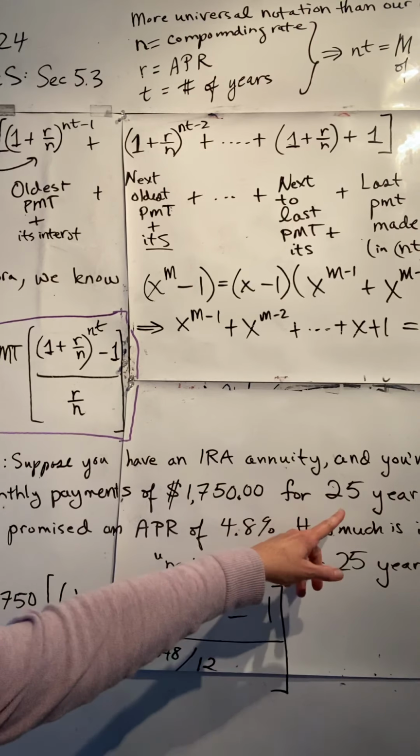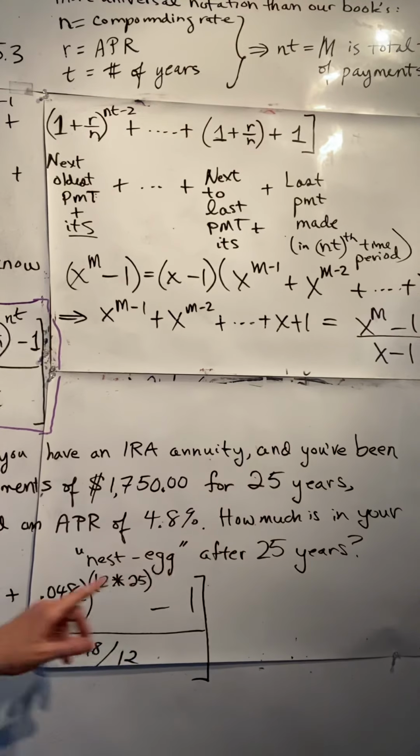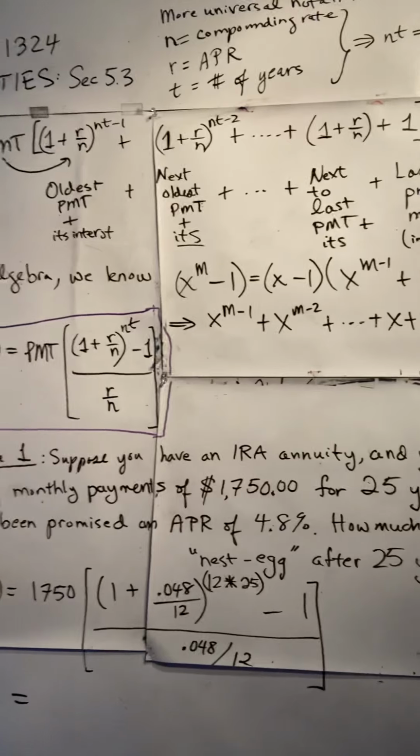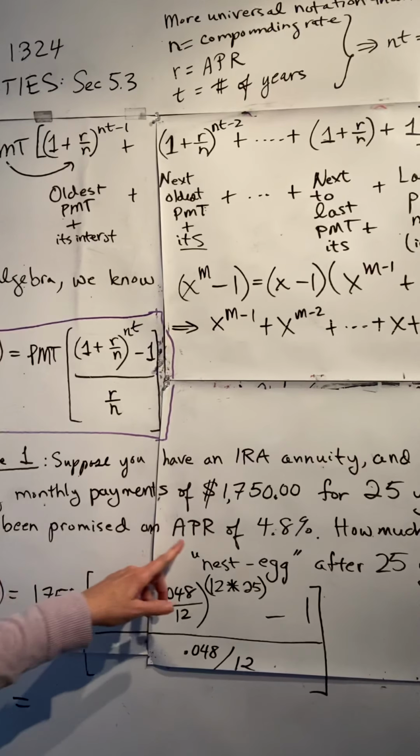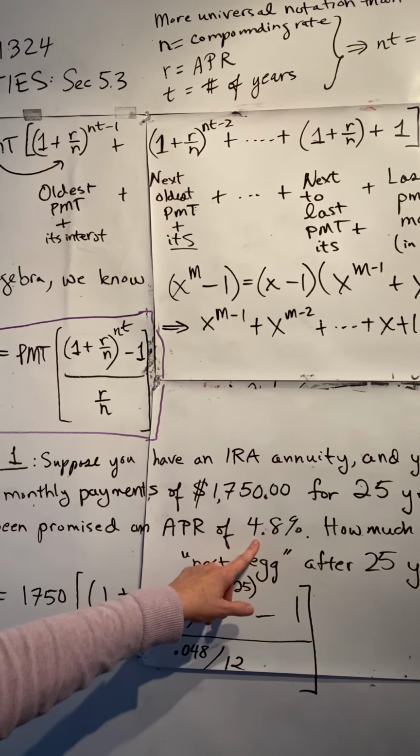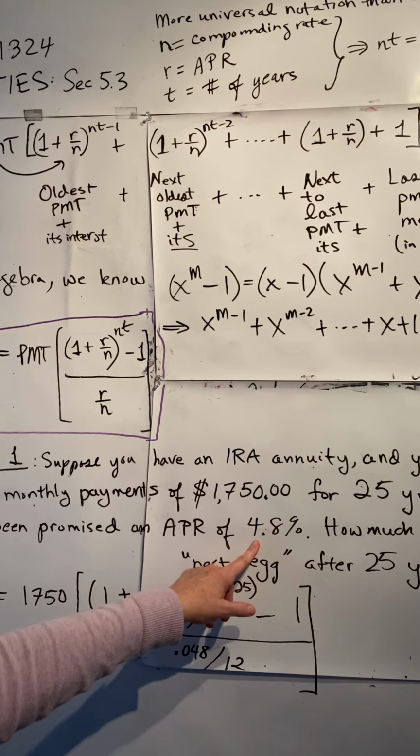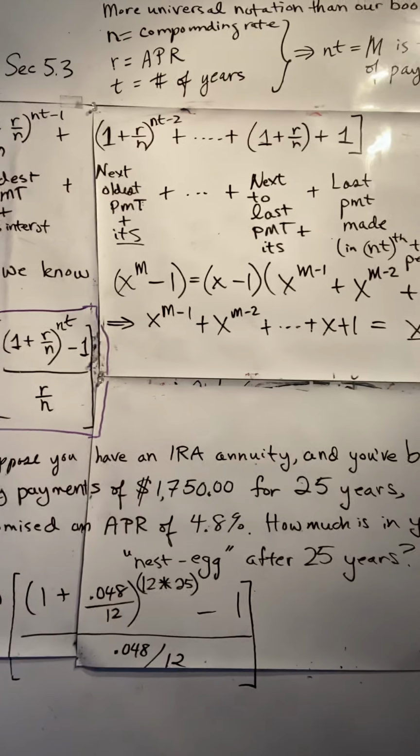And you've been doing that for 25 years. You were promised that the APR on that annuity would be 4.8%. So how much is in that annuity?